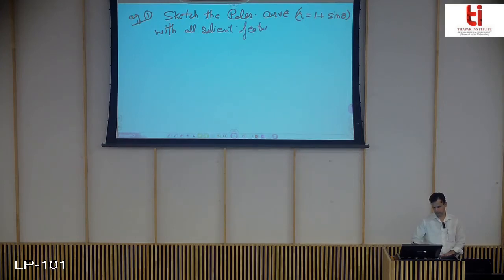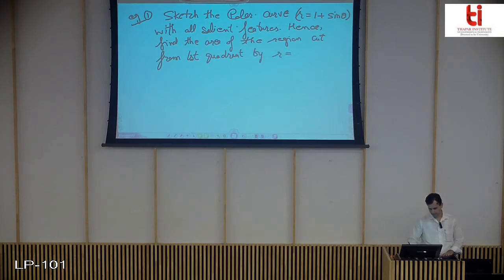That is, you have to check symmetry, draw the table, and hence find the area of the region. Find the area of the region cut from the first quadrant by r equals 1 plus sine theta. So here is your question.